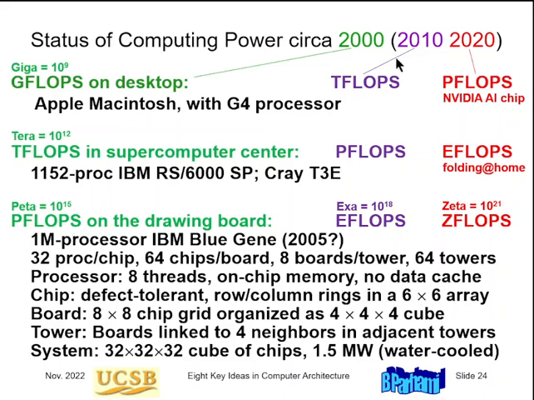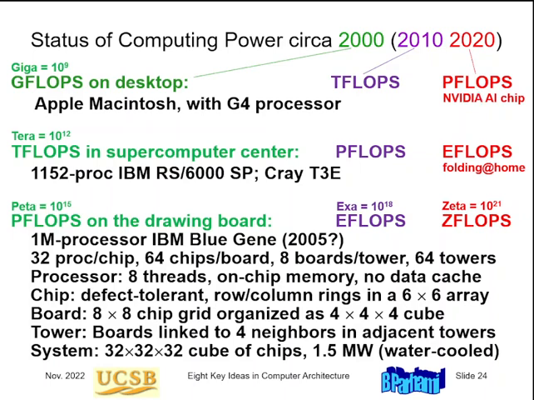Well, in subsequent offerings of the course, let's say in 2010, all these numbers had been multiplied by 1,000, 10 to the 3. In 2010, we have teraflops in our desktops, petaflops in the supercomputer center, and we were working on exaflops computers. In 2020, we have almost petaflops on our desktops.